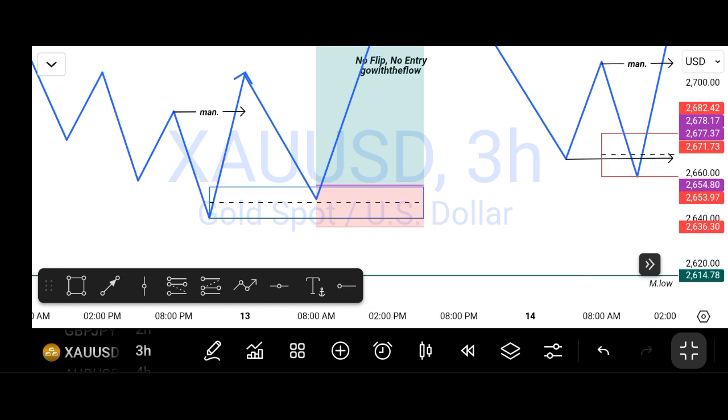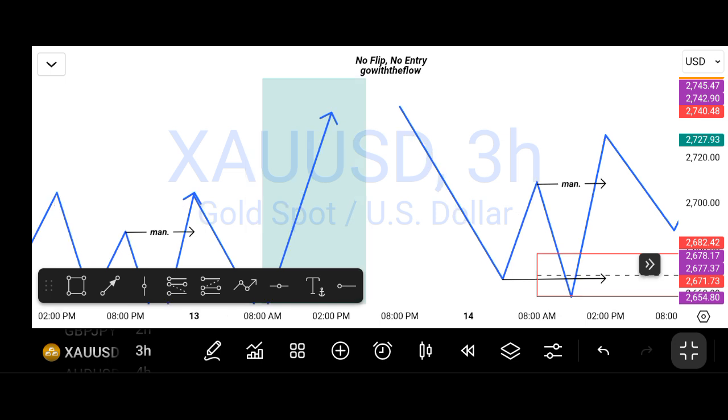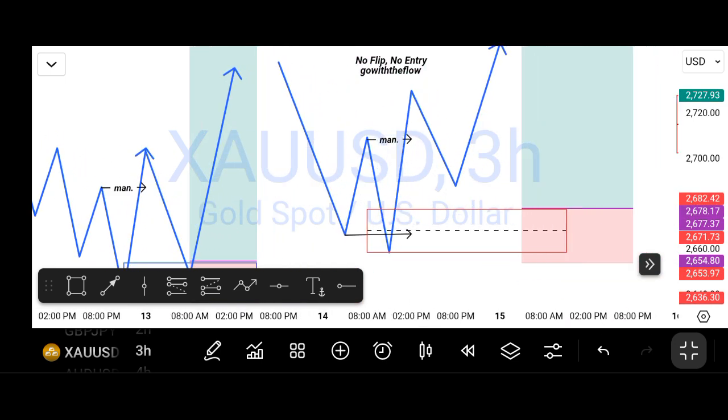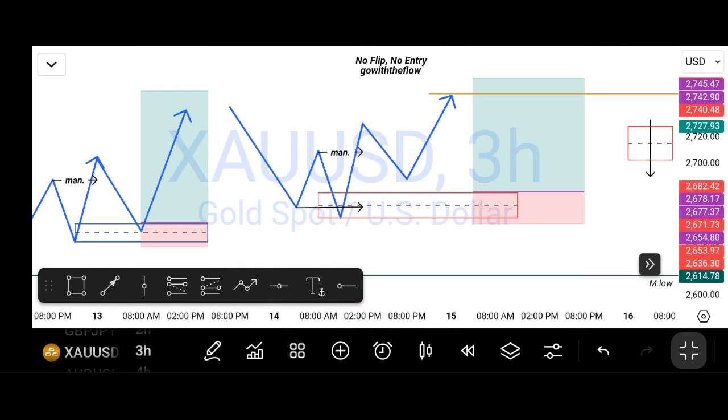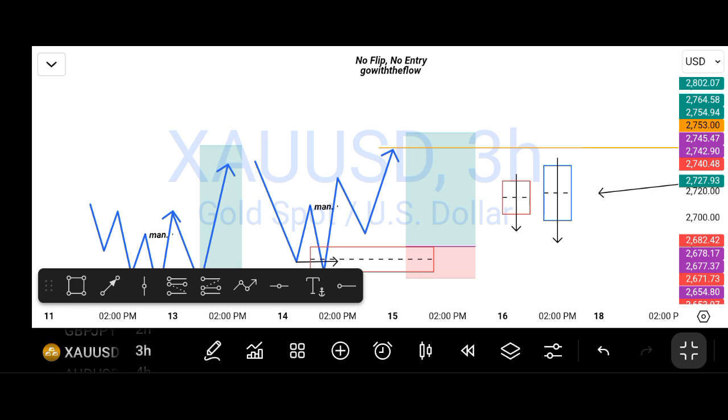Engulfing candles mean that price rapidly wants to go up and does not have time to be giving other breaks of structure, it just comes down, picks your order and goes up. You understand?